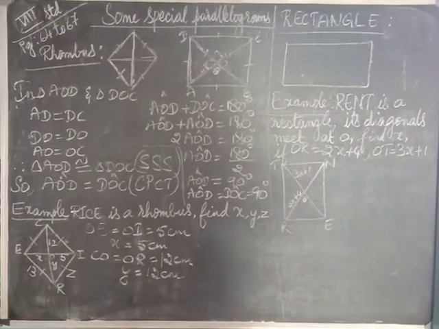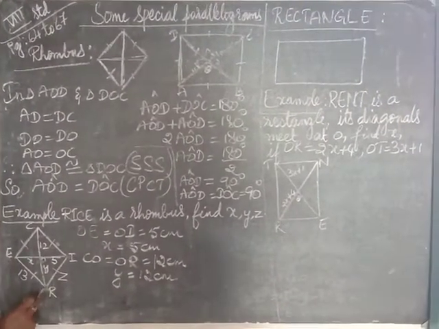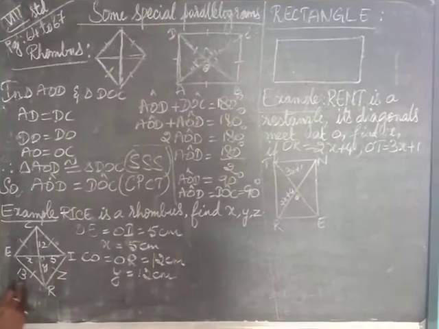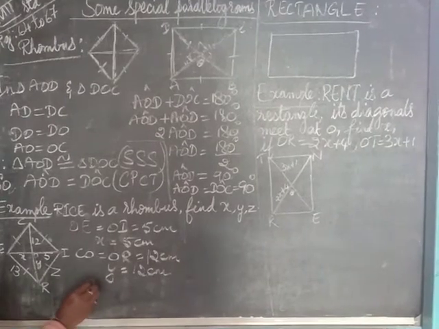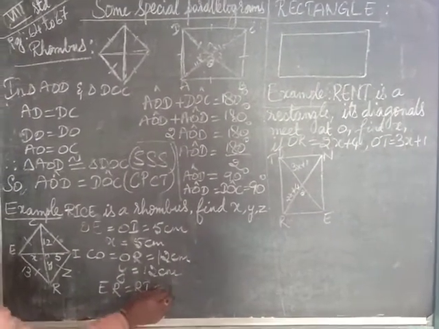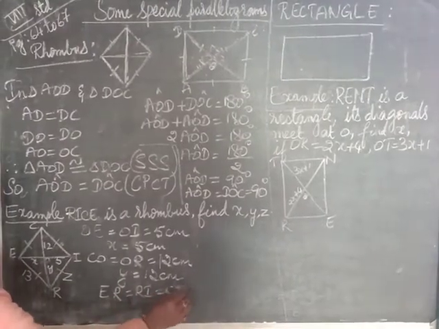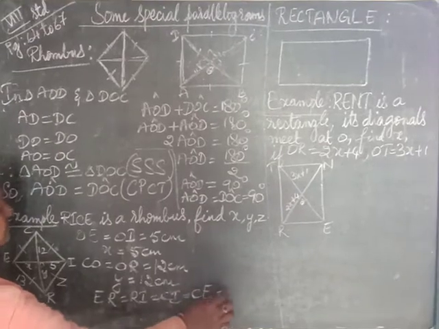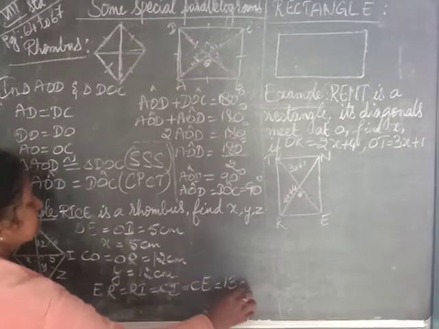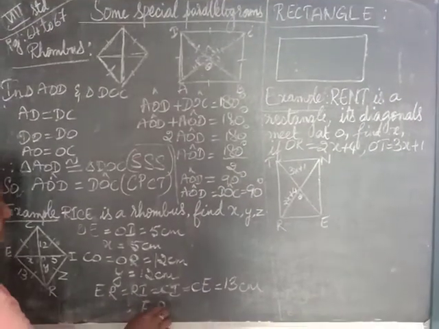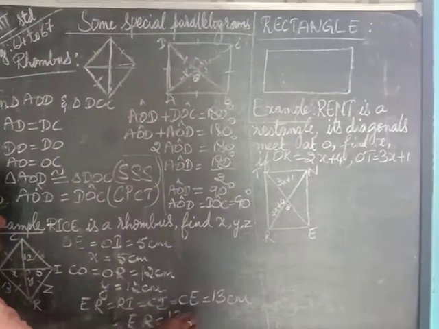Now let us see, since all the sides are equal in a rhombus, we can say ER is equal to RI is equal to CI is equal to CE is equal to how much? 13 centimeter. Therefore, ER is equal to 13 centimeter.